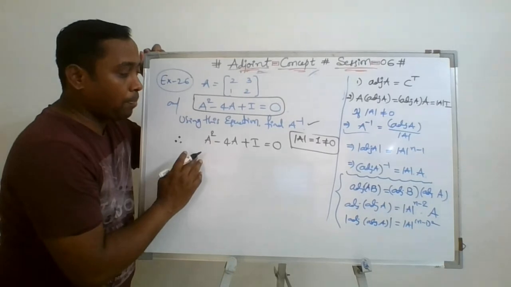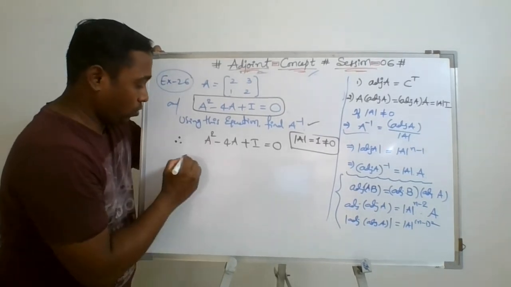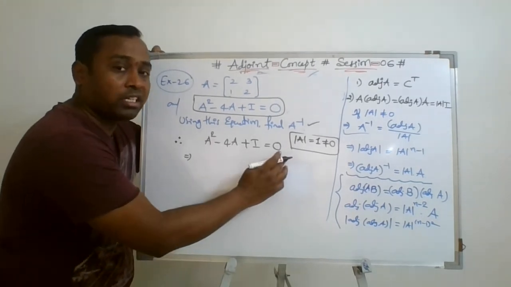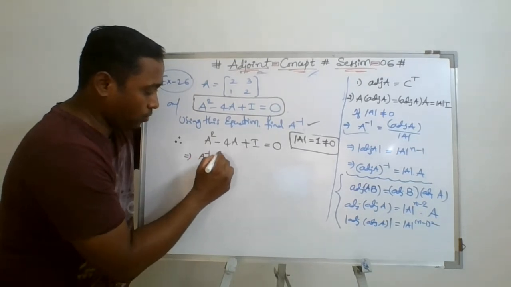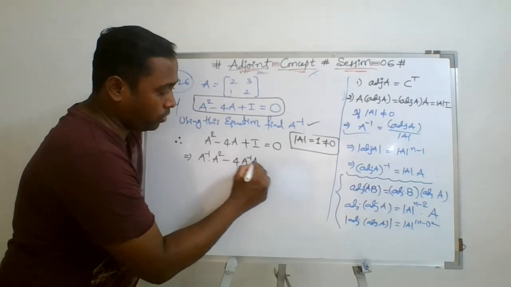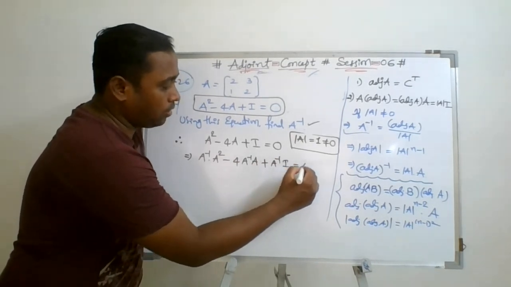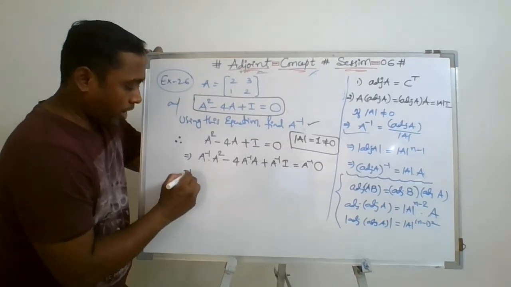So now multiply by A inverse on both the sides. It means that every term is multiplied by A inverse. So I can write it as A inverse into A square minus 4 times A inverse into A plus A inverse into I equal to A inverse into 0 matrix. Now can you reduce anywhere?